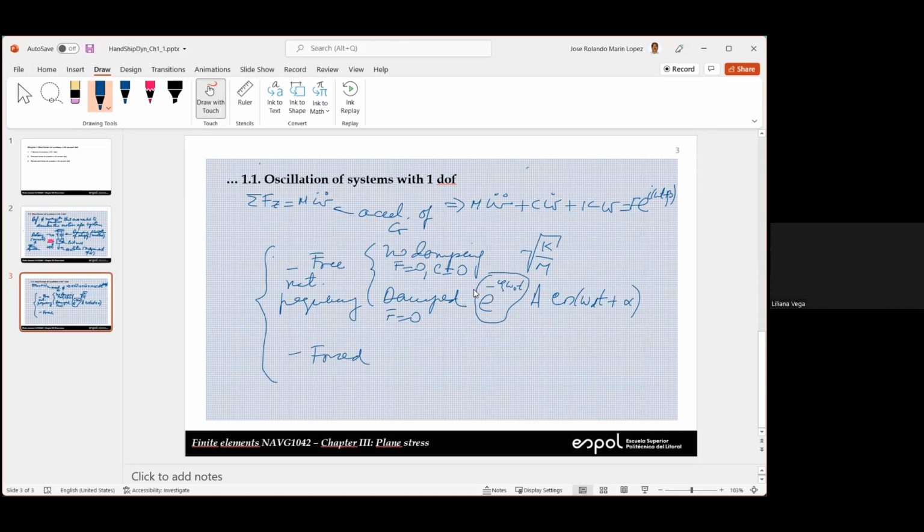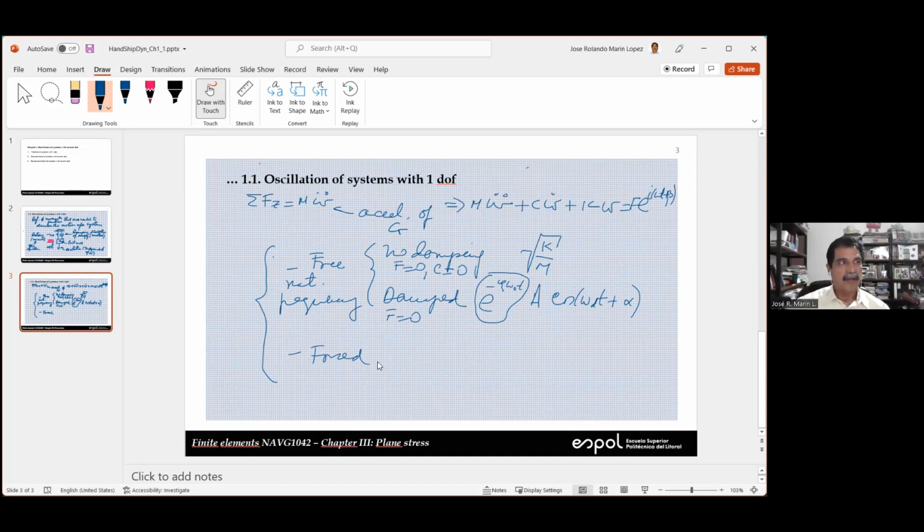Resonance. No, no. Resonance is down here when we talk about forcing. Up here, this term, e to the minus zeta omega 0 t. Miss Matias, what produces this term?